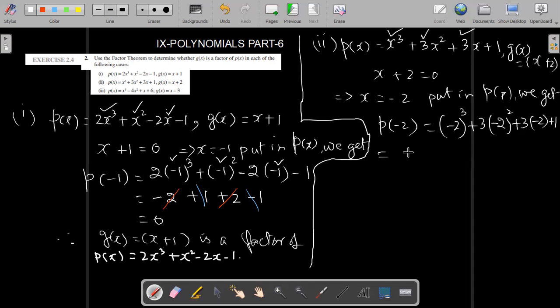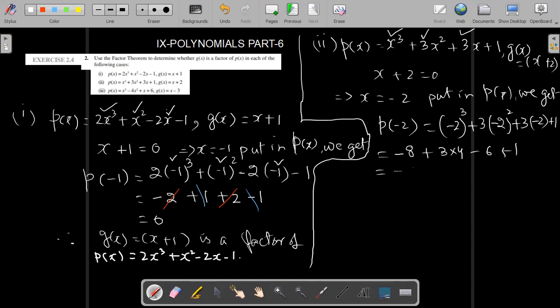An odd number of times minus will be minus. 2 raised to power 3 means 8, so minus 8. Here minus 2 two times will become plus, 2 twos are 4. So 3 into 4, 3 fours are 12. You can write directly plus 3 into minus 2, minus 6, plus 1.